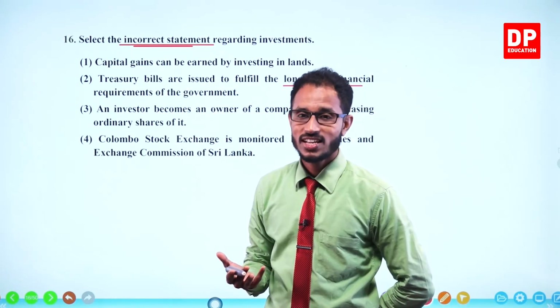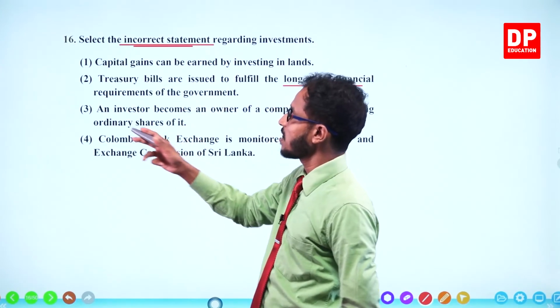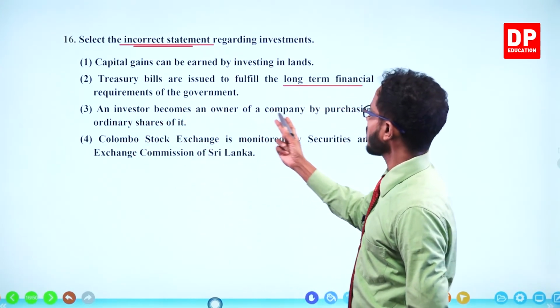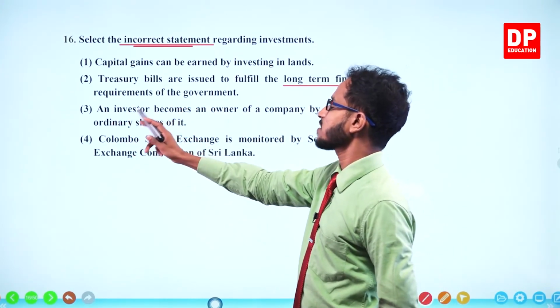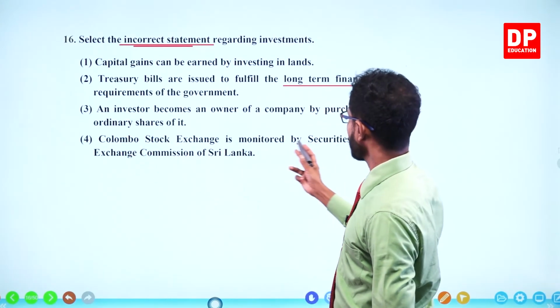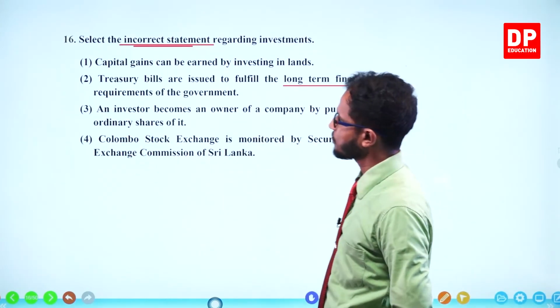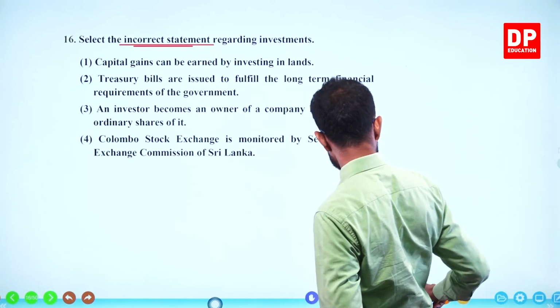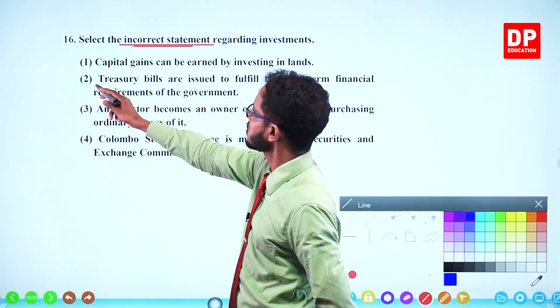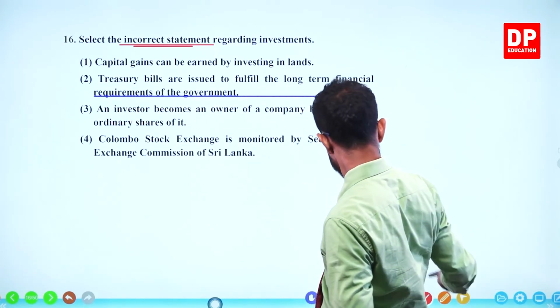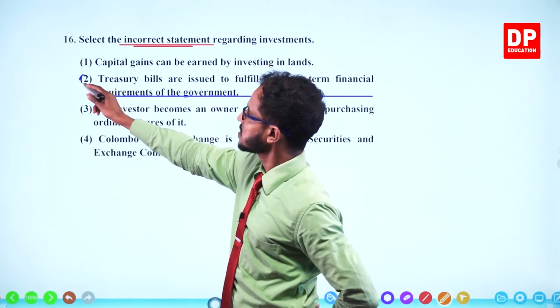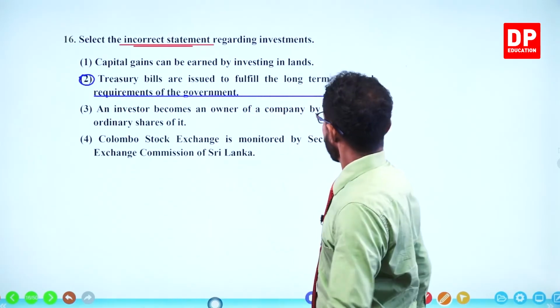It's short-term financial needs. It's incorrect. Investor becomes an owner of a company by purchasing ordinary shares. It's correct. Colombo Stock Exchange is monitored by Securities and Exchange Commission. It's correct. So the answer is the second one.